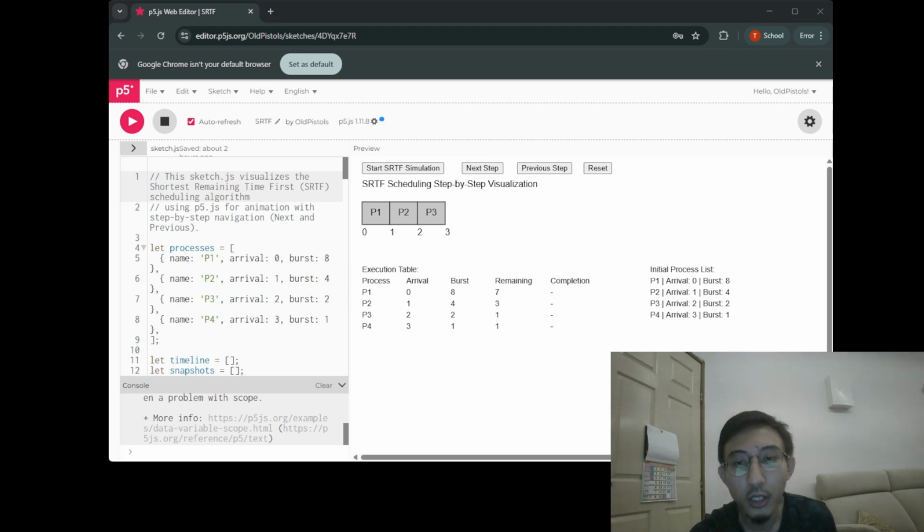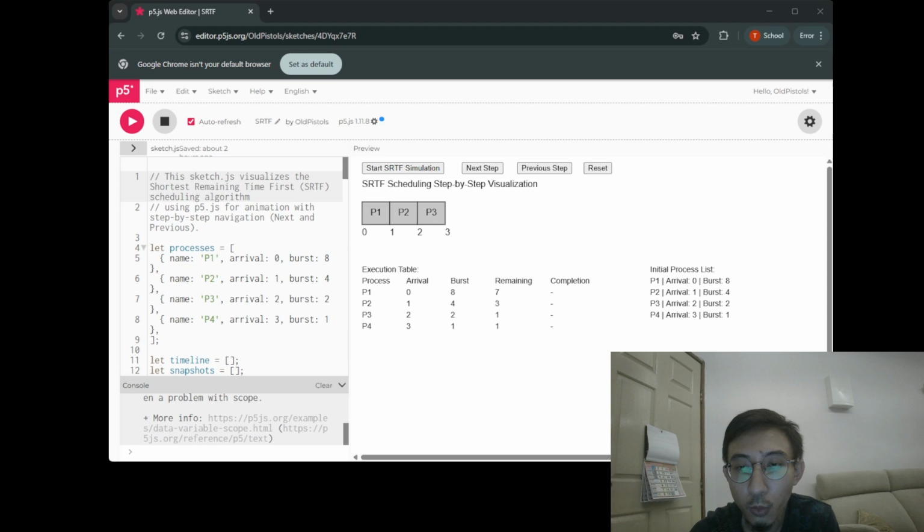At time 3, P4 arrives with a burst time of 1. At this point, P3 also has only 1 unit of time left.